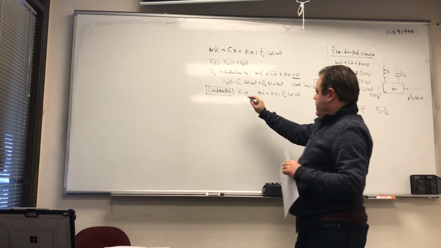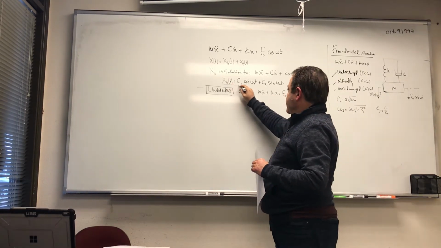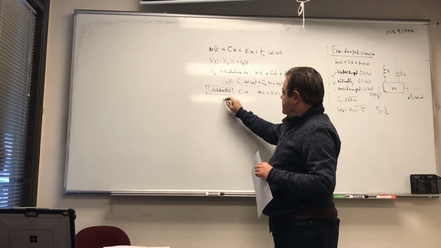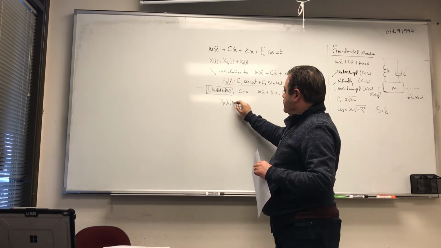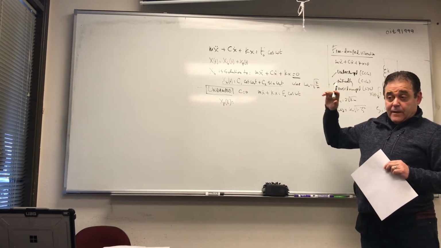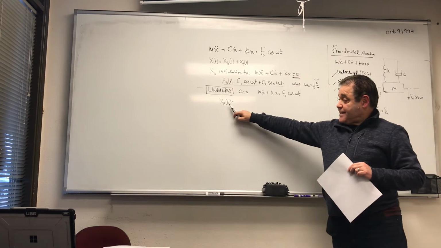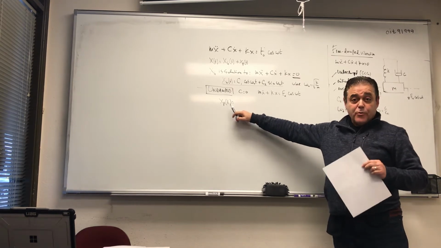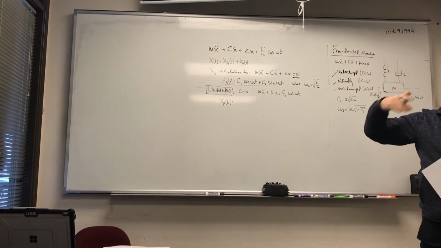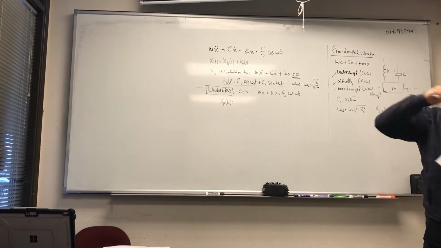So the homogeneous solution is still in this form. But what is the particular solution? What form could it take if you are forcing it? Remember, the particular solution is always the steady state solution, and it always has the same frequency as the forcing function.